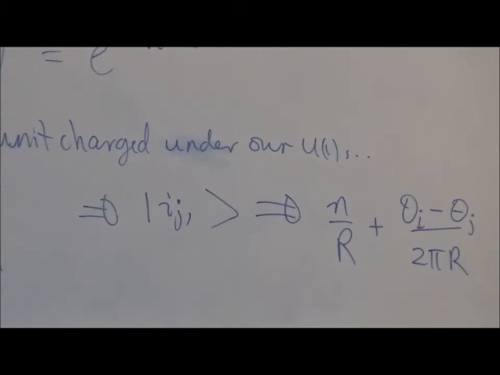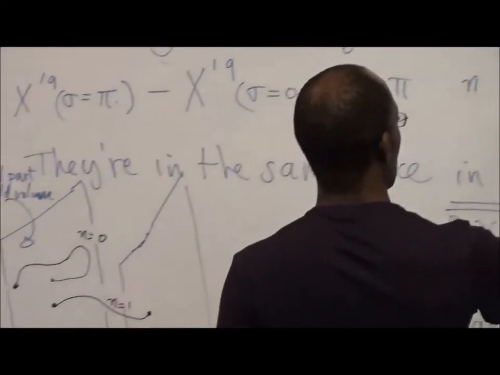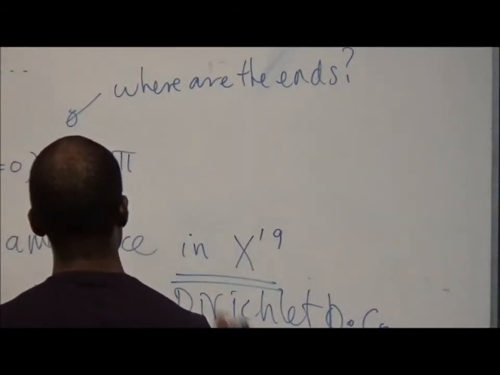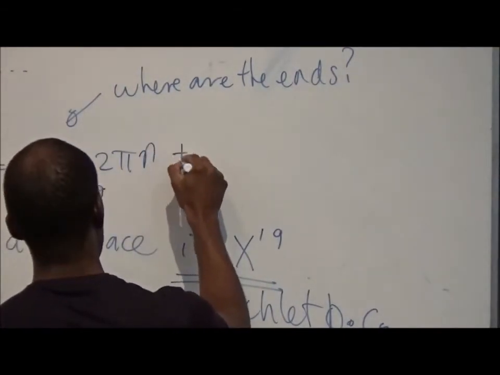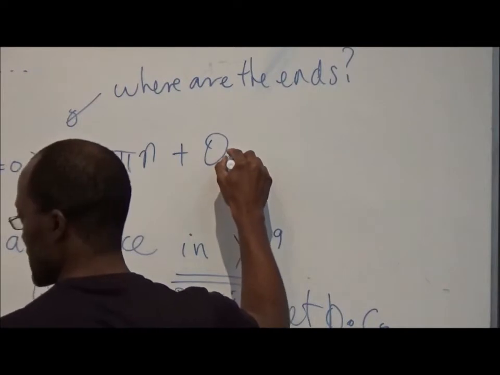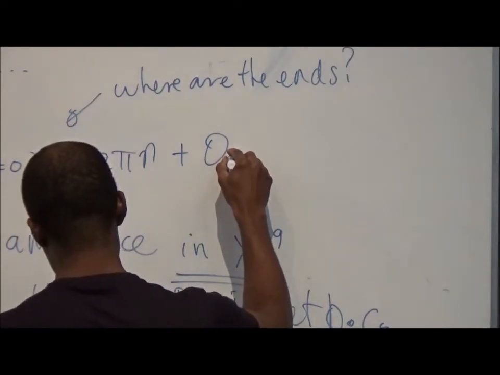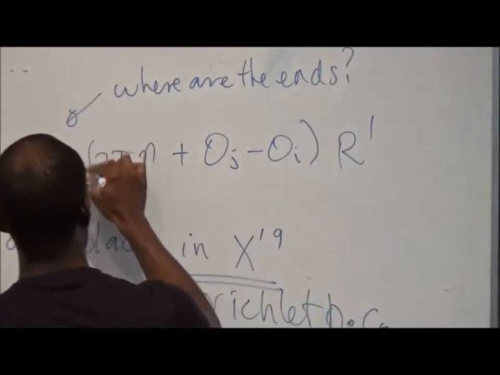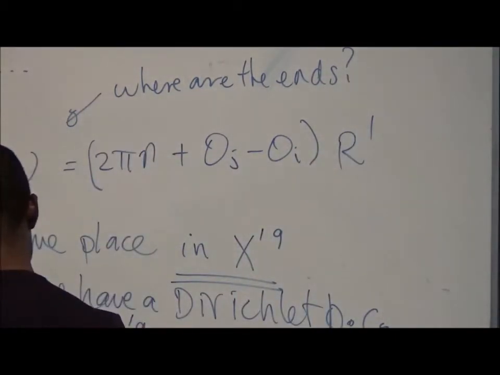Okay. So if I recompute this, then I have this. Let me just rewrite this. I have 2 pi n plus, in the language we've done here, I guess, yeah.